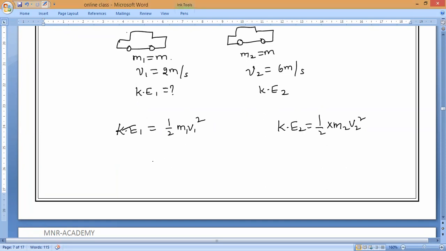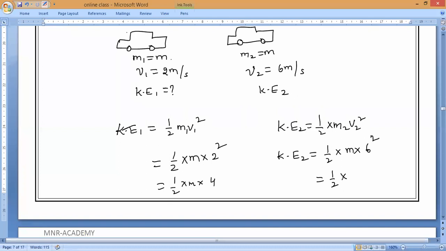Now KE1 is half into M1, which is M, into V1 square, which is 2 square. Next, KE2 is half into M2, which is M, into V2 square, which is 6 square. Now half into M into 4, and half into M into 36.